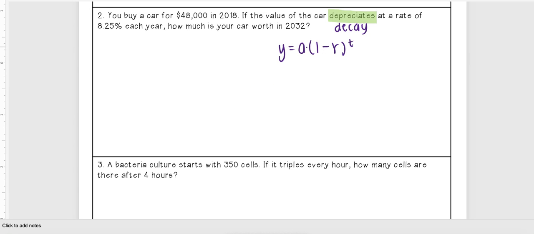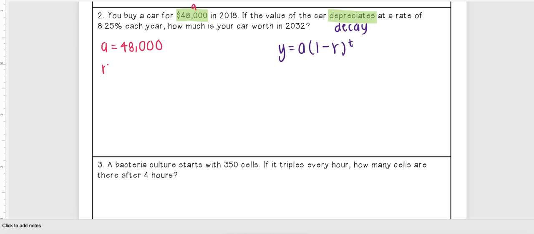But now I need to figure out what my a is, my r is, and my t. So a is my starting amount, so what does the car start at being worth? Well, it starts at $48,000. That's how much the car is when I buy it.